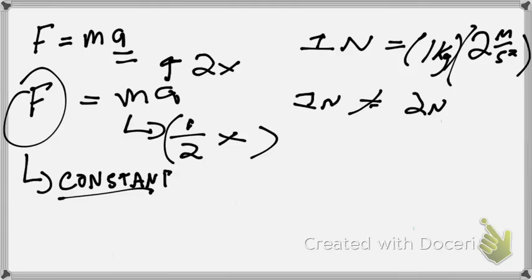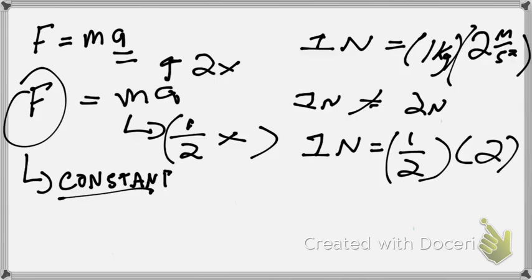So how do we make it equal to 1 newton? You would have to multiply this mass by 1/2, right? So 1/2 times 2 will equal 1 newton, right? So 1 newton will have to equal 1 newton.